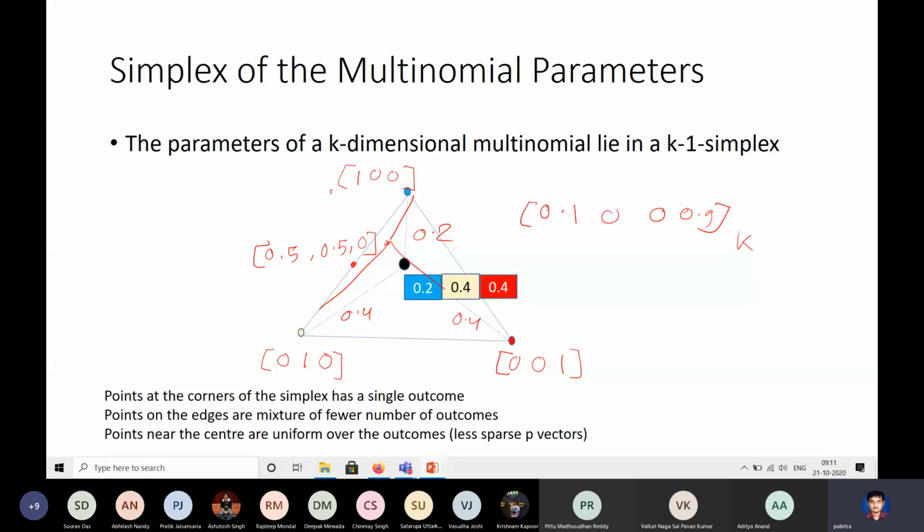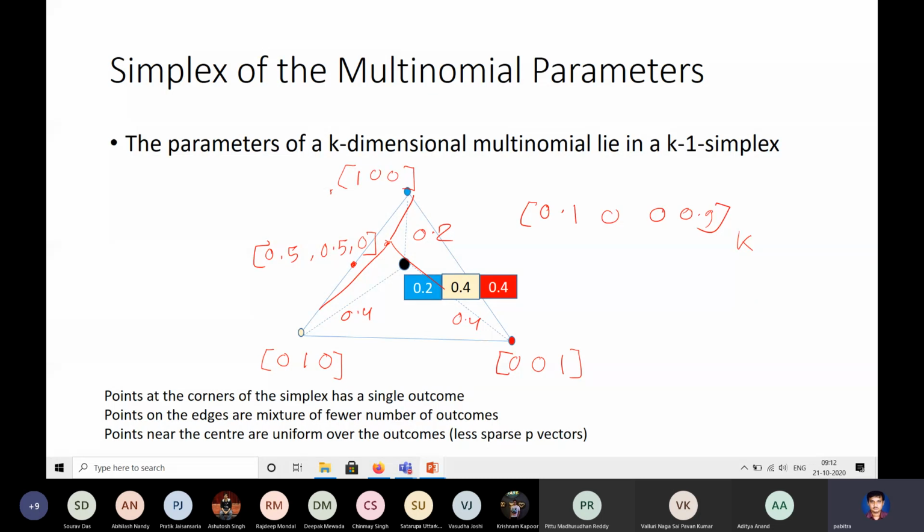If that is so, then we call this multinomial a sparse multinomial. Basically meaning this vector is sparse. Only a few outcomes are possible. Even though the dimension is very high, only a few of them have non-zero probability.